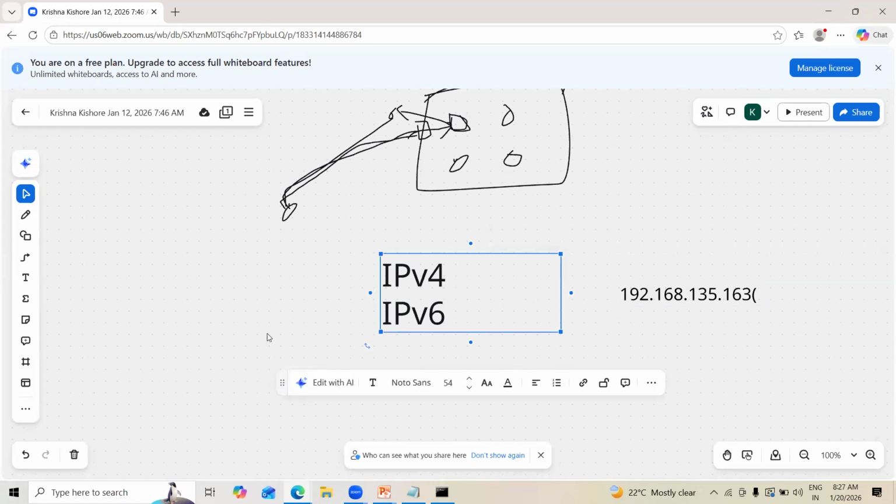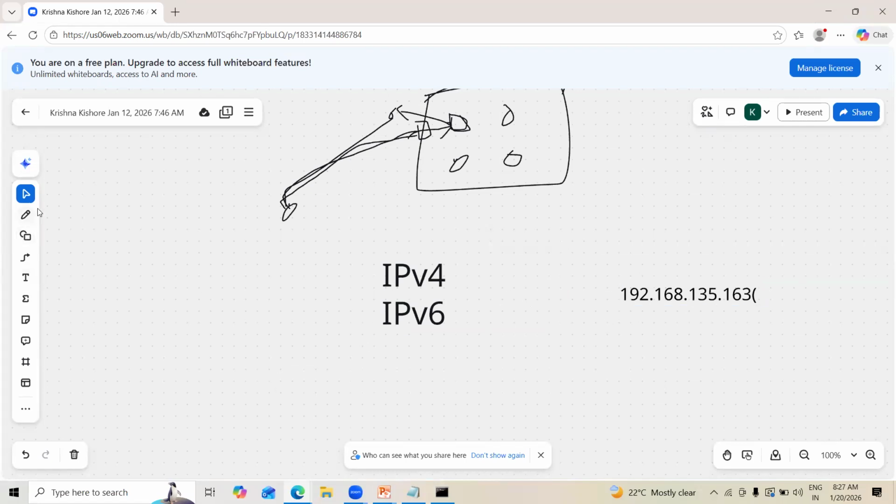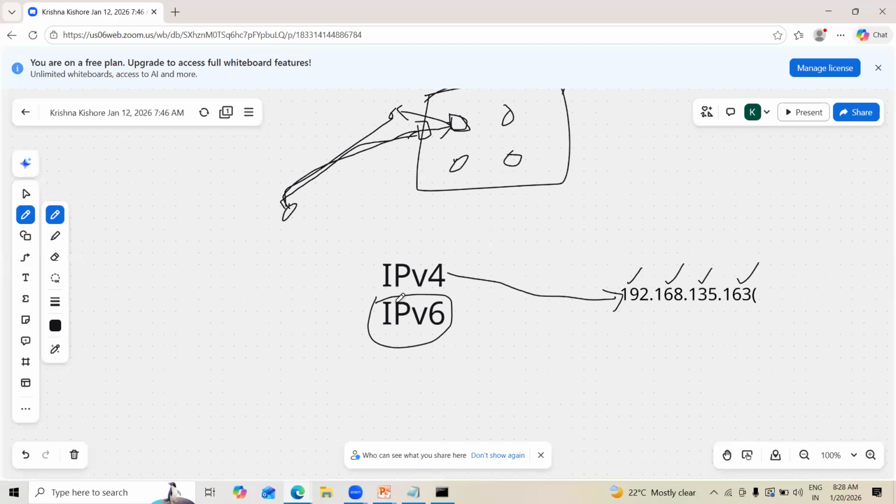So this is an IPv4 model. You can see this is one part, this is one part, this is one part, this is one part. Four parts are there. We'll discuss IPv6 later. IPv6 we are not using that much now, but you should understand what it is. As of now, you can keep it aside. We are concentrating on the IPv4 model.